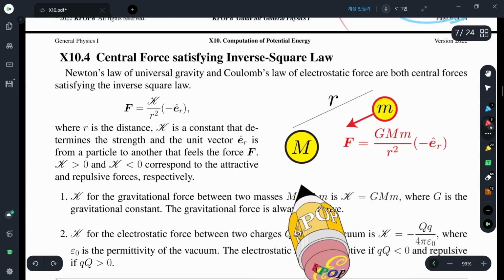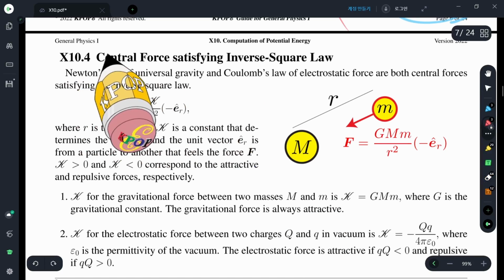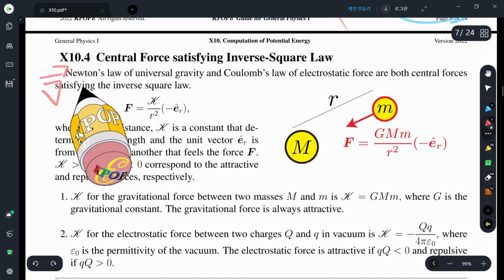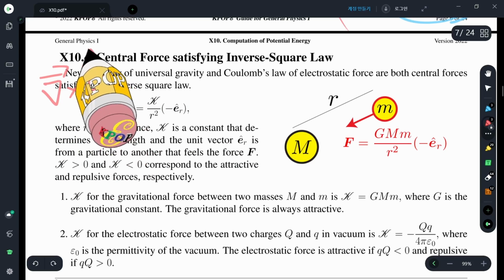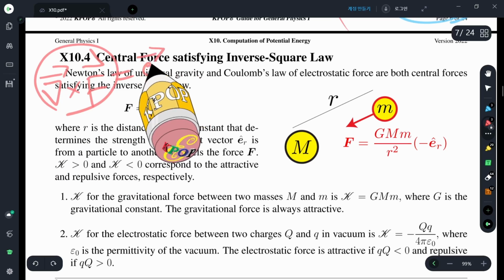Let us consider central force. Central force is a conservative force. We already have proved that it is a conservative force in the previous lecture. But anyway, the proof can be done by evaluating the curl, and that curl was exactly 0.